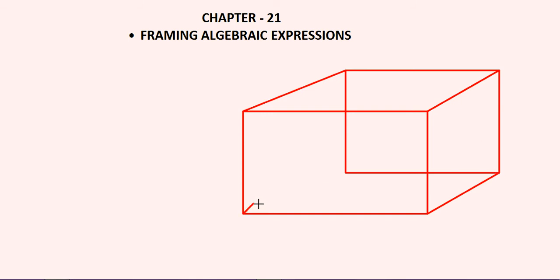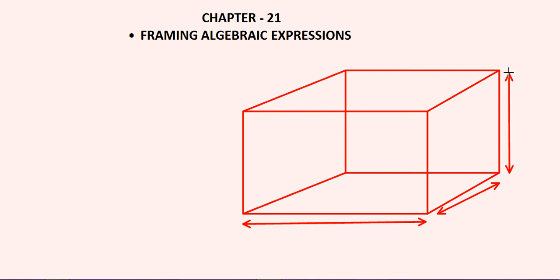I will show you which is the length, which is the breadth and which is the height here. So this portion is your length, this one is your breadth, and this one is your height. Length, breadth, height.